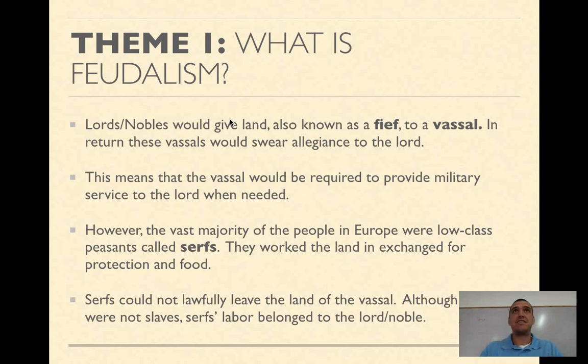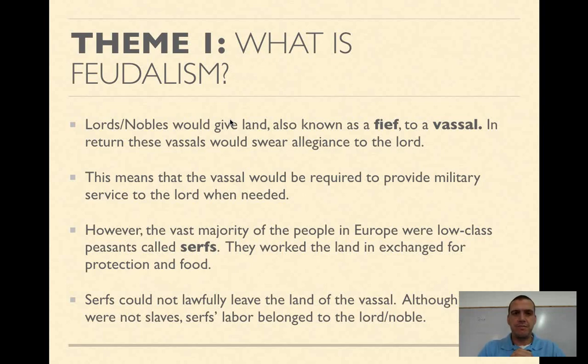Allegiance as in, if this king is ever in need of, let's say, military backup, I will be there. Do you need some extra workers sometime for a project that you're doing? I will supply them for you. So in return for that land, this vassal would give the king or the high noble their allegiance. And most importantly, during this time, allegiance meant military support. So that's how it worked.